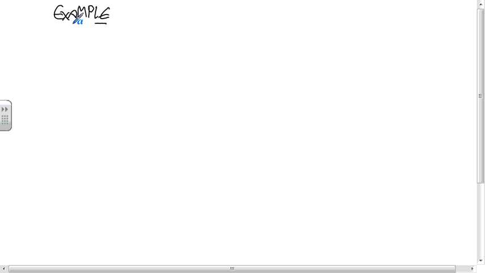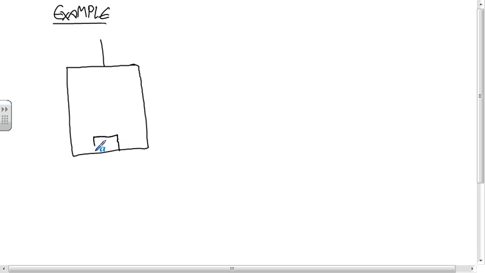All right, let's do another example, another elevator example. Let's say that there's an elevator with a 5 kilogram box, and sitting on that is a 10 kilogram box. And on top of that is a 7 kilogram box.